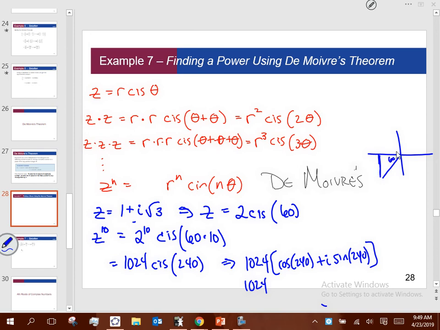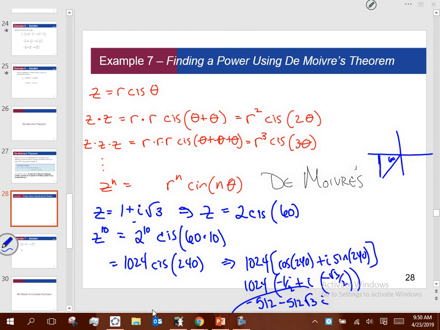So the cosine is negative 1/2, isn't it? Plus then i sine is going to be negative radical 3 over 2. So 1/2 of this is going to be, what, 512? It's negative 512. Plus then, minus 512 radical 3 times i.